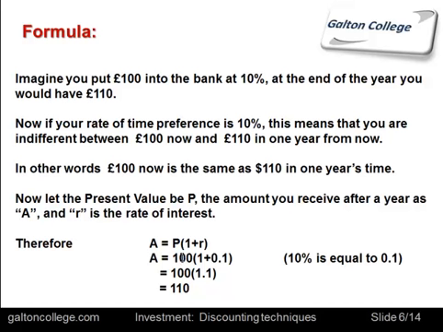Easy. So we have A equals 100 times 1.1, which is 110. So if we put £100 in the bank, it'll grow into an amount in the future of 110 after a year.